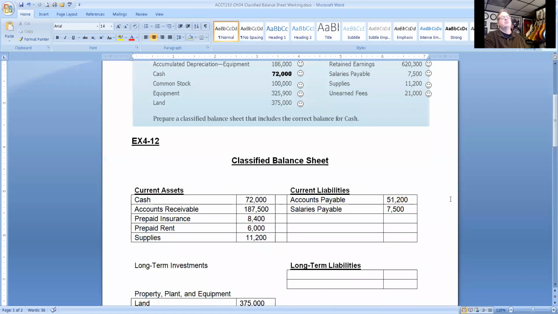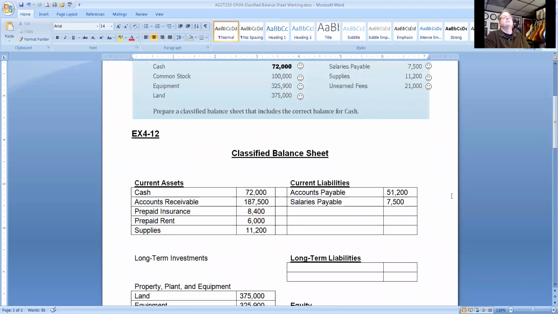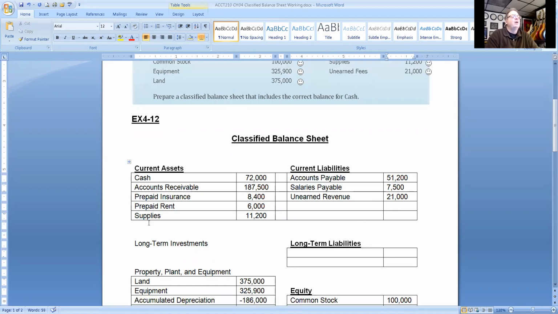So these unearned is what? Current liabilities. Yep. Current liability. Okay.